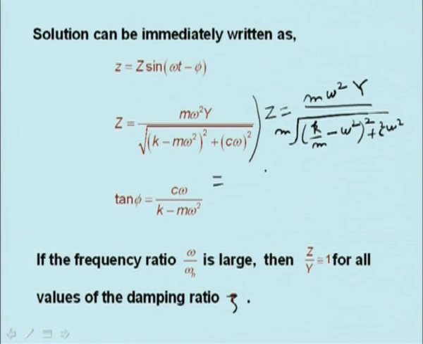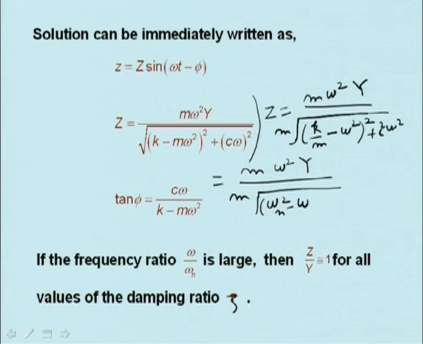So this is equal to m omega square Y divided by m, and k by m is omega n square, so under root (omega n square minus omega square) whole square plus c square omega square.